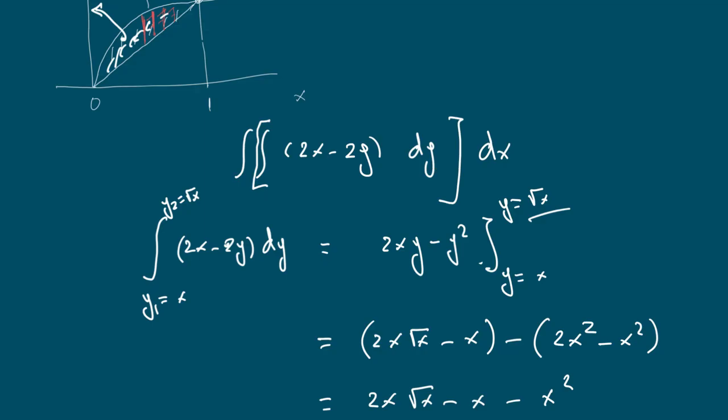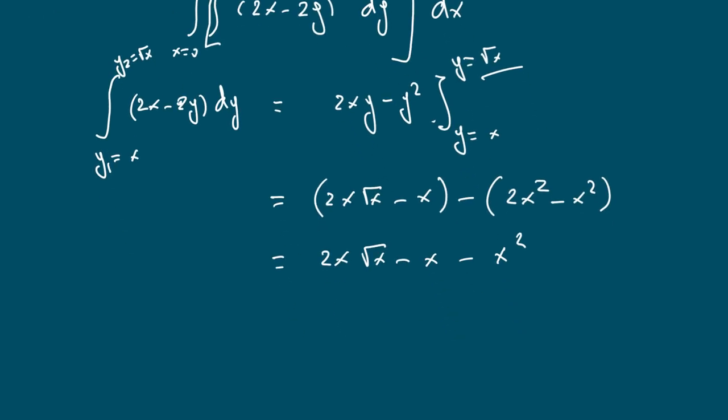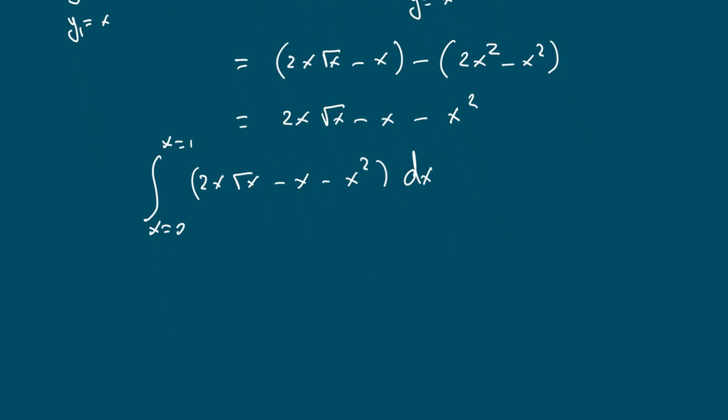And now I have to do the integral in dx when x varies from 0 to 1. Okay, so let's go to do it. It will be the integral from x equals 0 to x equals 1 of 2x square root of x minus x squared dx. And what will be this integral?